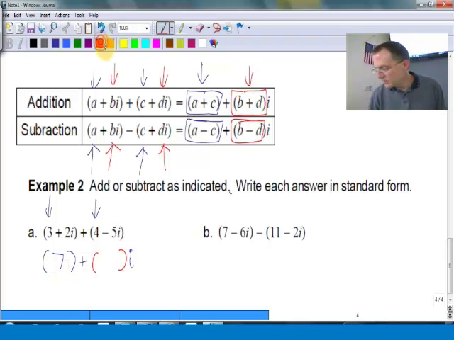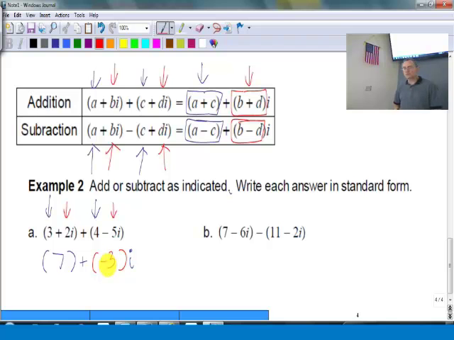We add the imaginary parts. The imaginary part of the first one is 2. The imaginary part of the second one, careful with this. What's the imaginary part of the second one? Negative 5. So, 2 plus negative 5 is what? Negative 3.